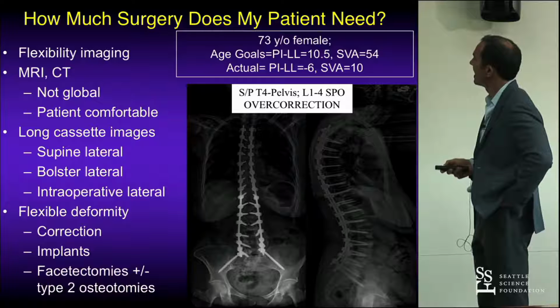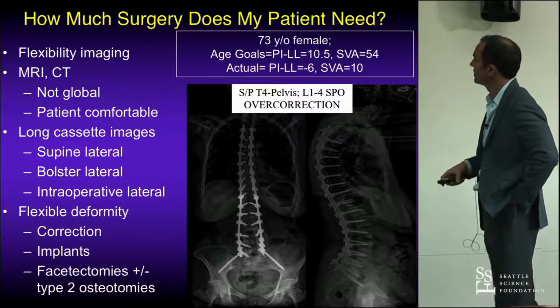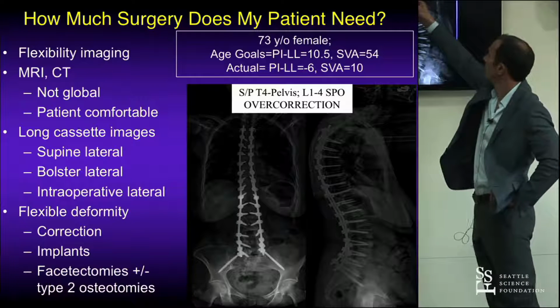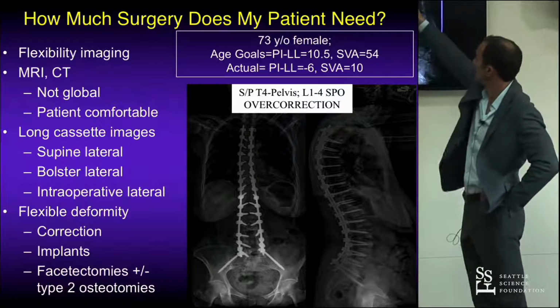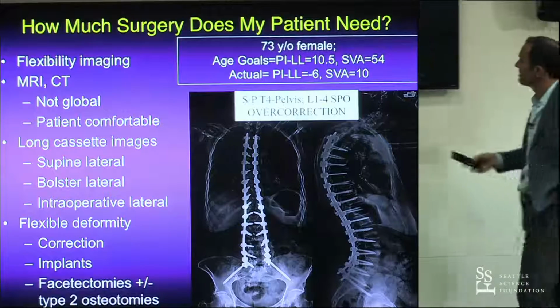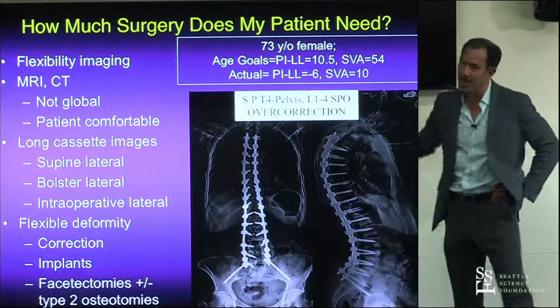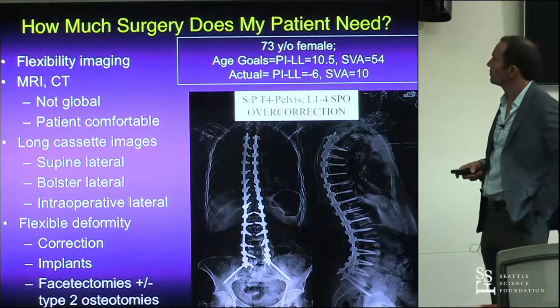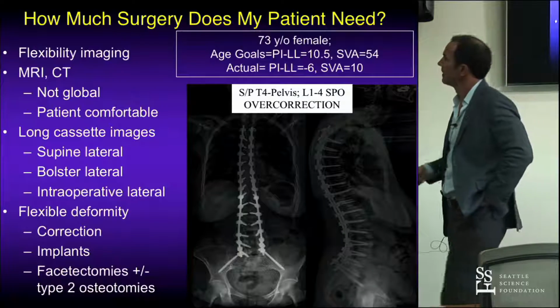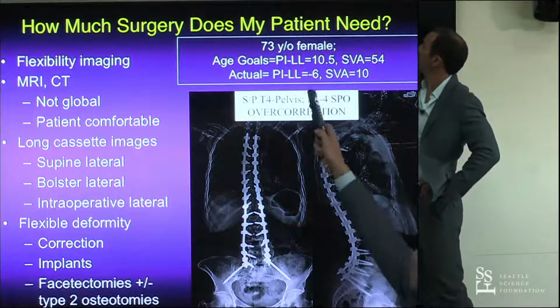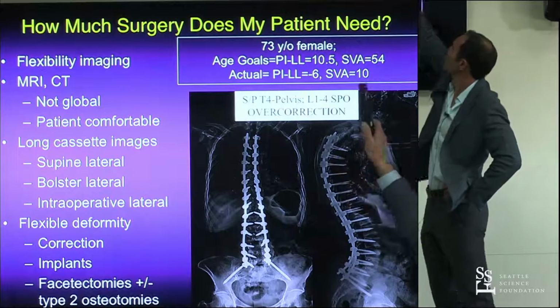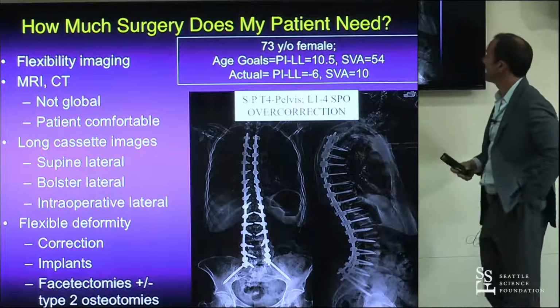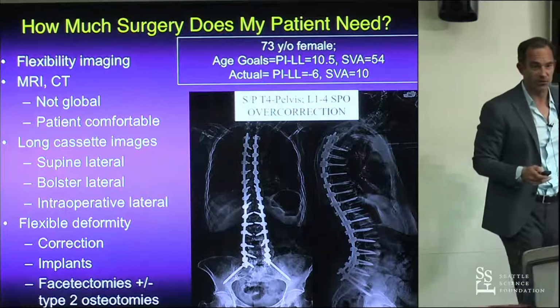You can see that I've overcorrected this patient, and she didn't catastrophically kyphose, but she for sure has PJK, and my little dinky hooks at the very top just aren't cutting it here, right? My age goals would have been a lordosis gap of 10, but I got below 6, so I overshot it. My SVA should have been 54, and I got it to 10, so I overshot it on that patient as well.